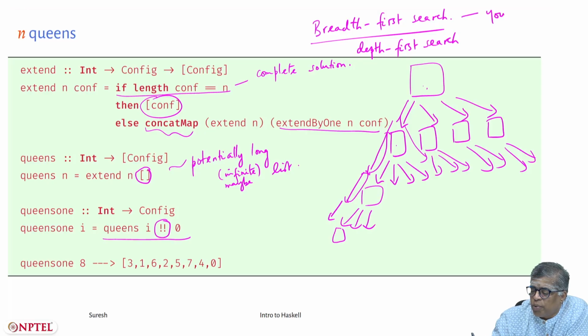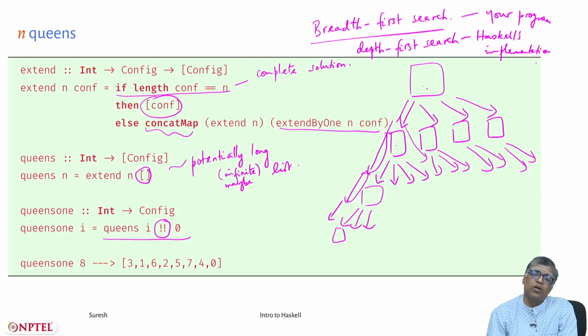Breadth first search is your program. Depth first search is Haskell's implementation of it. Right? And you actually get a solution very, very quickly. I will demonstrate it for you in a bit.